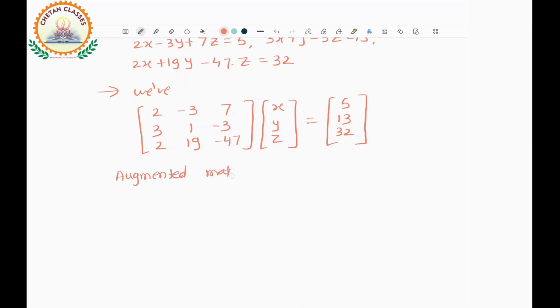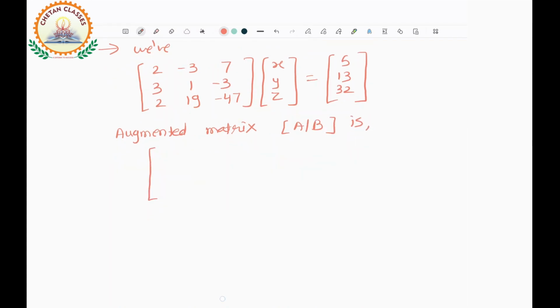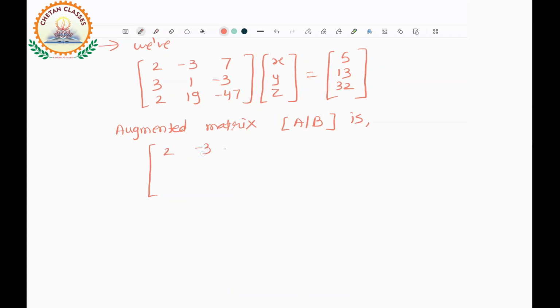Write this matrix, then a partition, and write matrix B: [2 -3 7 | 5; 3 1 -3 | 13; 2 19 -47 | 32].